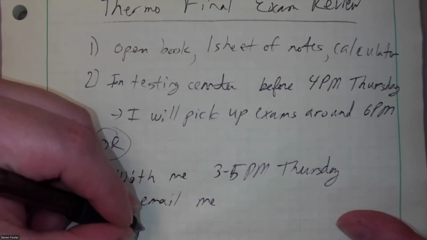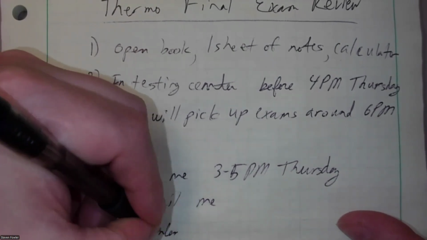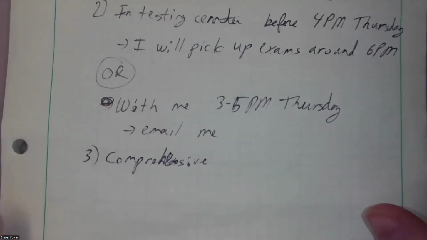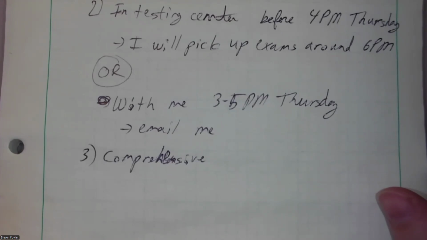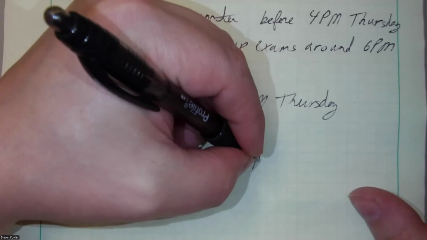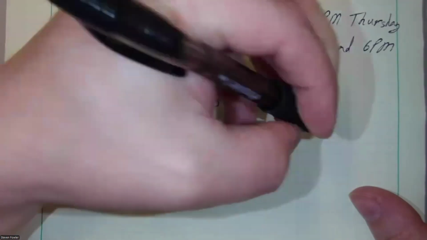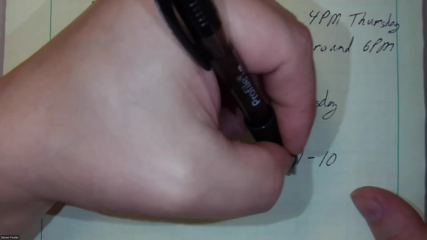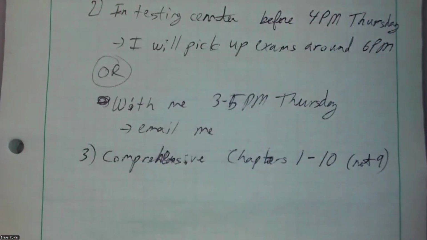As we mentioned, it is comprehensive. That means basically it's chapters 1 through, I'm going to say 10, but not 9, because we didn't talk about chapter 9.